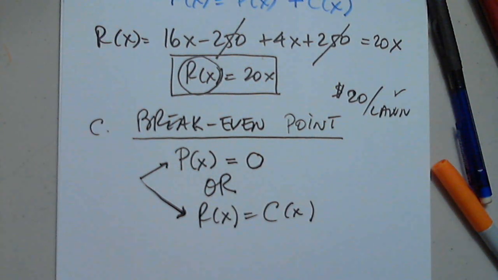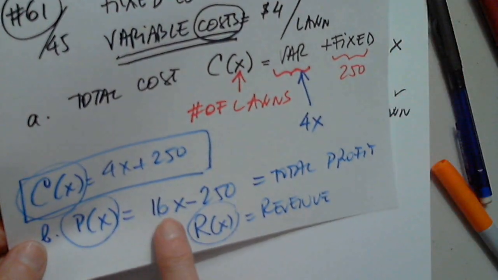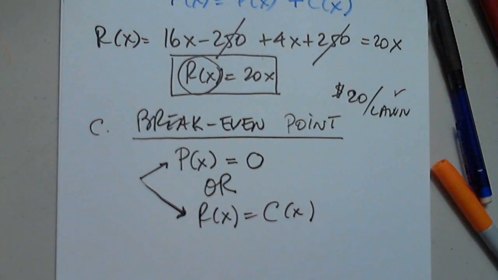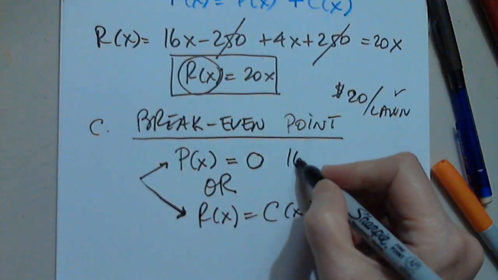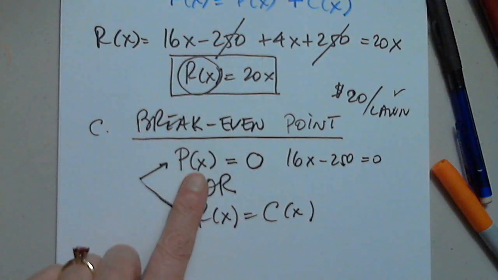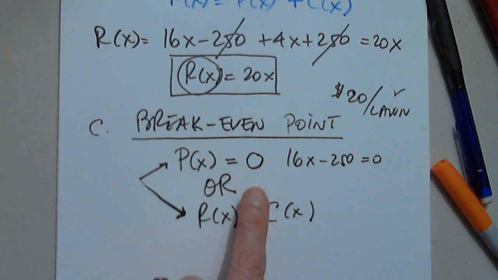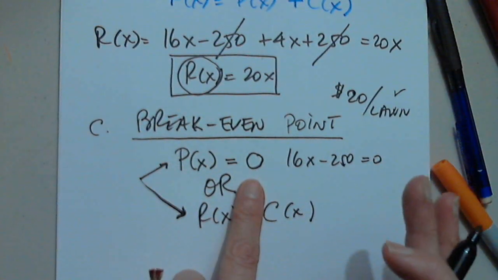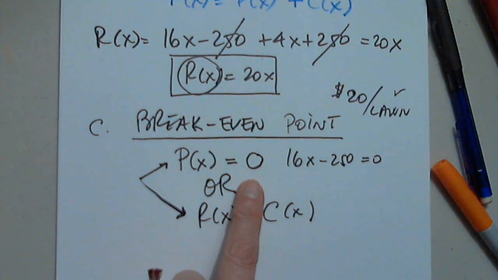So I go back to the profit function. Here's my profit function, 16x minus 250. I set it equal to 0 to find the number of units needed to say, okay, after we finish this one, from this point on, we will start making profit.